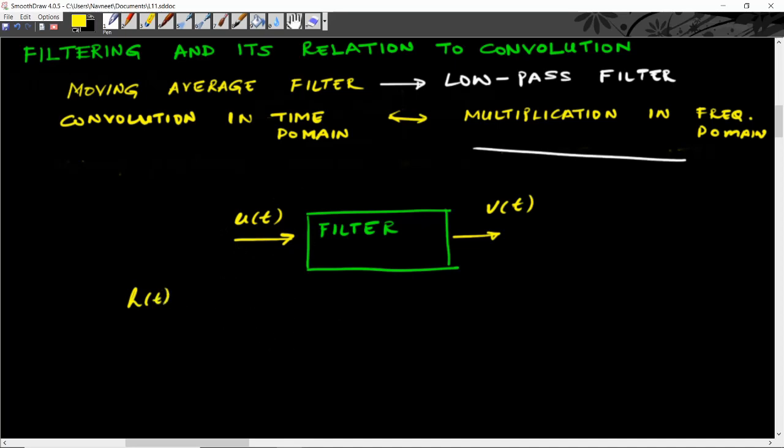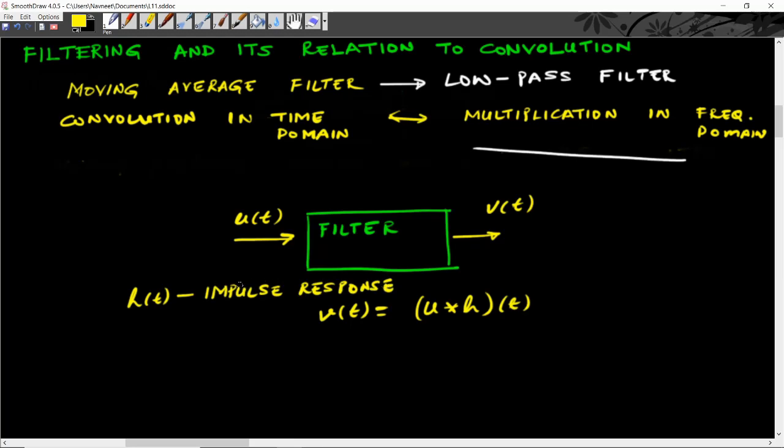So we can say that v of t, that is the output signal, is equal to the convolution of u and h, where h is a function that is specific to the type of filter we are using, and this function is actually called the impulse response.